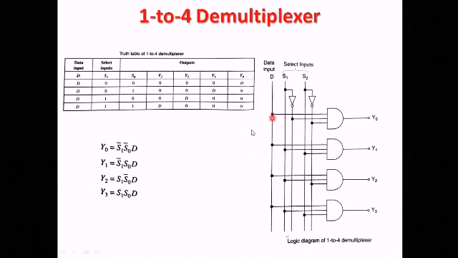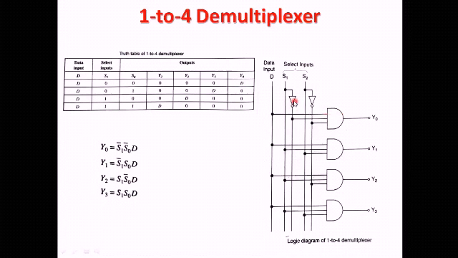Why? Because the expressions are like this: S1 bar dot S0 bar dot D, where the dot means there will be an AND gate. The two select lines, S1 and S0, enable only one gate at a time, and the data that appears on the input line passes through the selected gate to the associated output line.